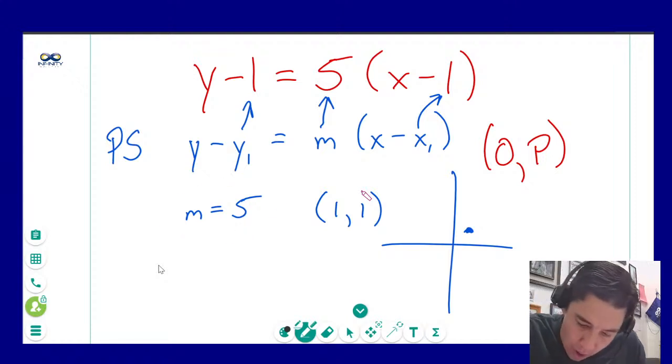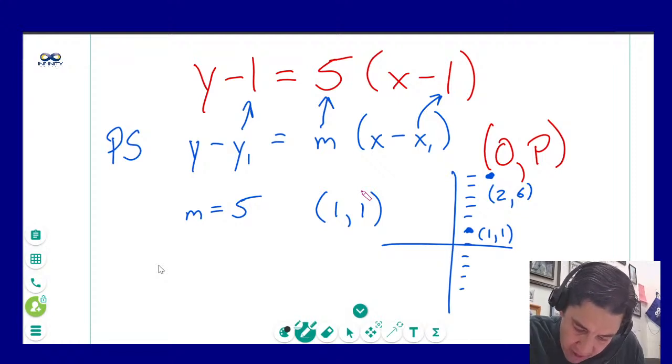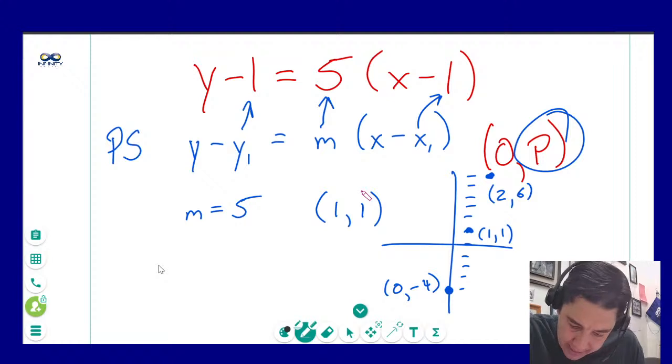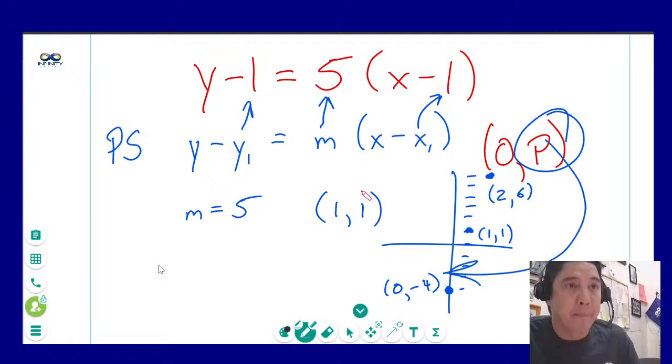So we can go up 5 and over 1, which would be (2, 6), and we could also go down 5, 1, 2, 3, 4, 5, and left 1, which would give me the point (0, negative 4). So obviously p would be negative 4.